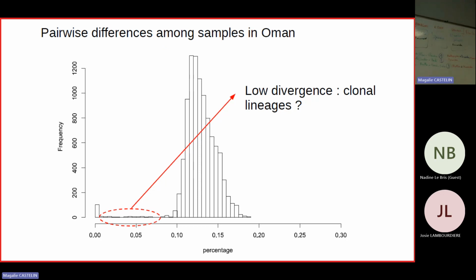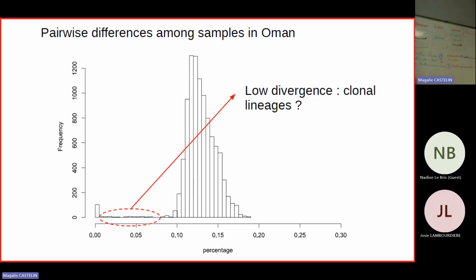So I take all the samples two by two and we compare them. Most samples differ by 10 to 15%. But we also have some samples, not so numerous, with very low levels of genetic differences.